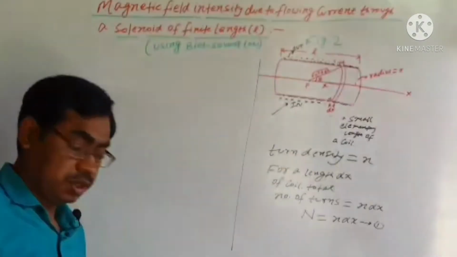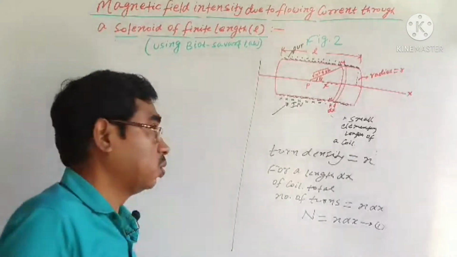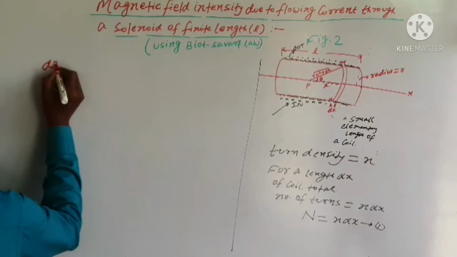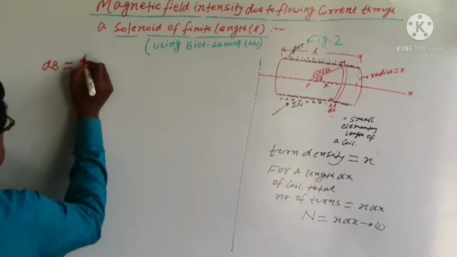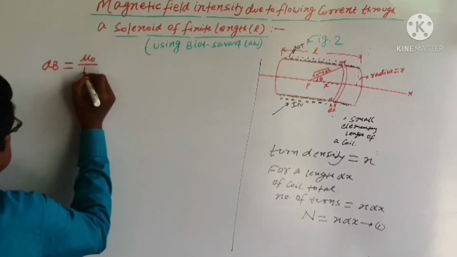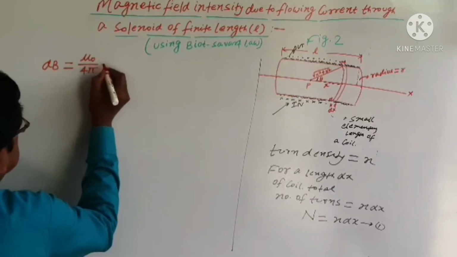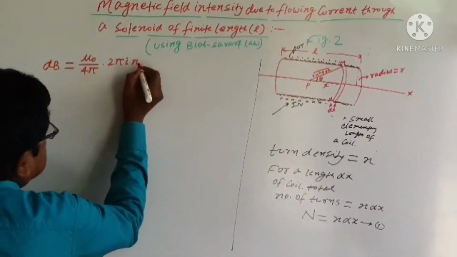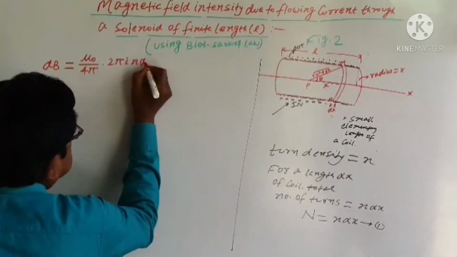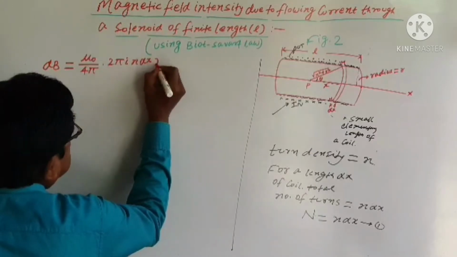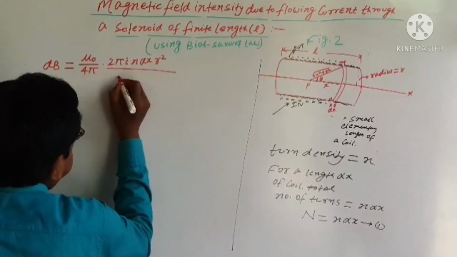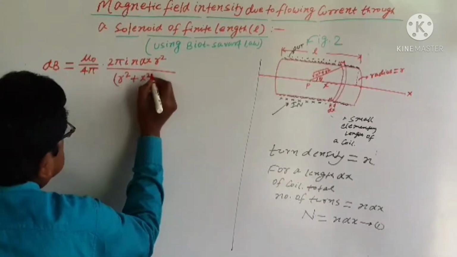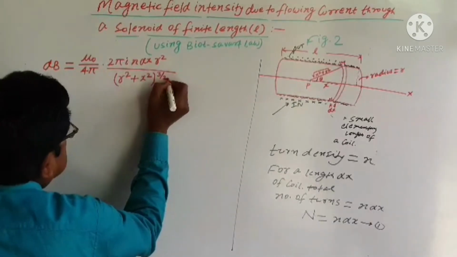Now, with the help of Biot-Savart law, we know that the magnetic field intensity dB is equal to mu naught over 4 pi, 2 pi I n dx, r square upon r square plus x square to the power 3 upon 2.